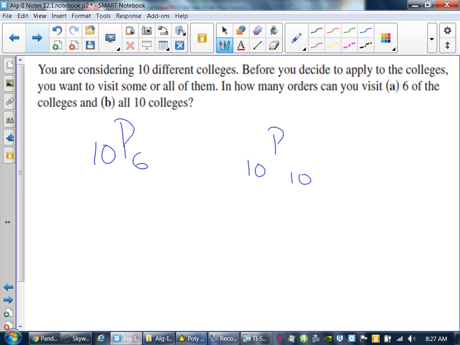Now, one of the weird things about factorial is that 0 factorial will always equal 1. So if you throw this in your calculator, you have 10 factorial over 4 factorial, which gives you 10, 9, 8, 7, 6. And the other one is just 10 factorial.